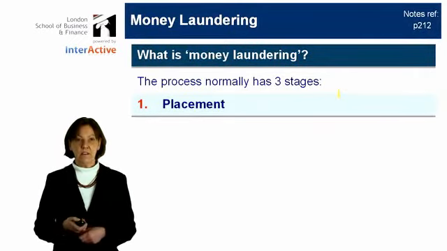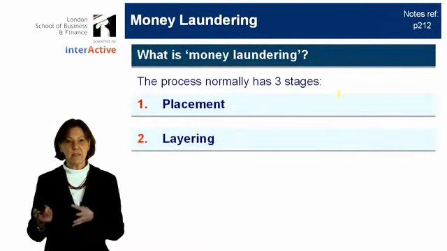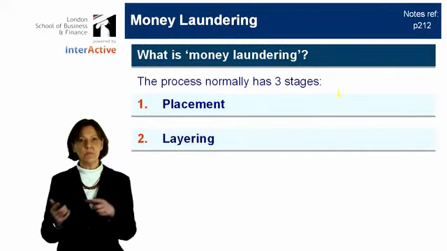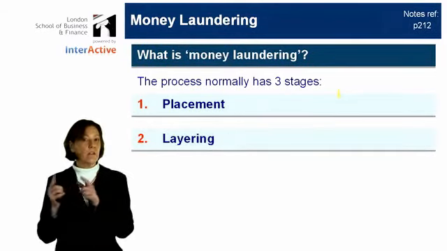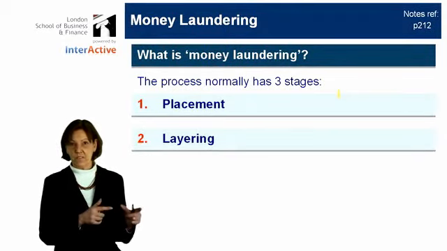The next one is layering. This is moving the money from place to place or from business to business. So perhaps you sell the first business you bought and buy another one. Or you sell the first house that you bought with the proceeds of crime, buy another one or put it through a business.